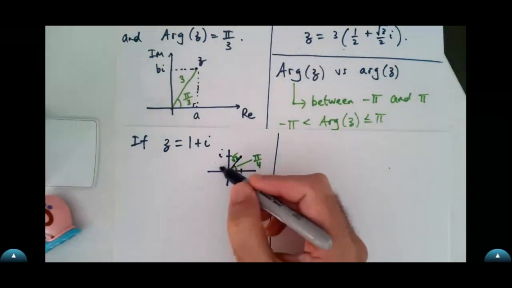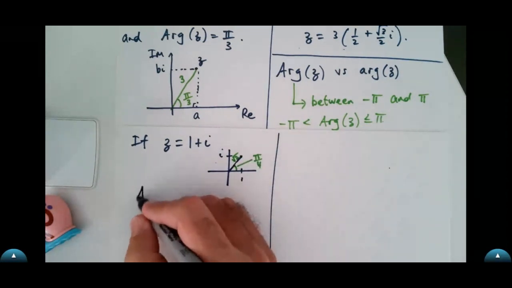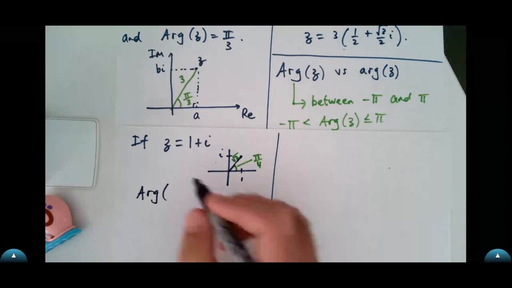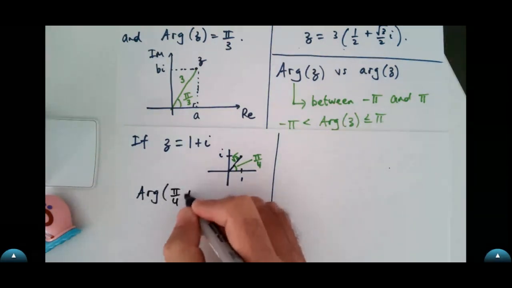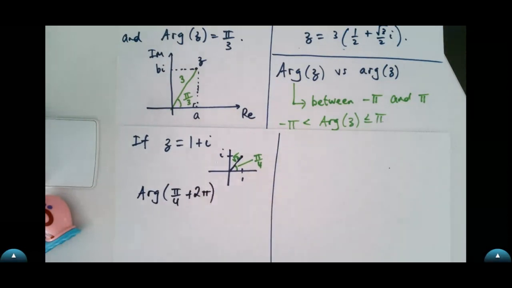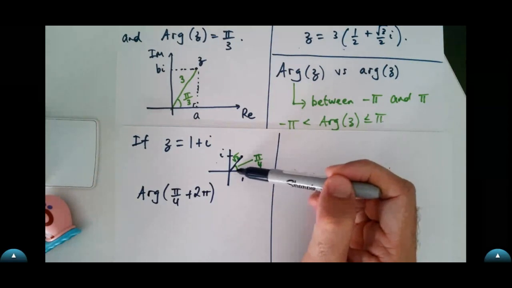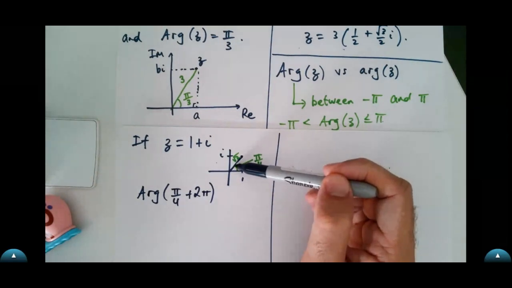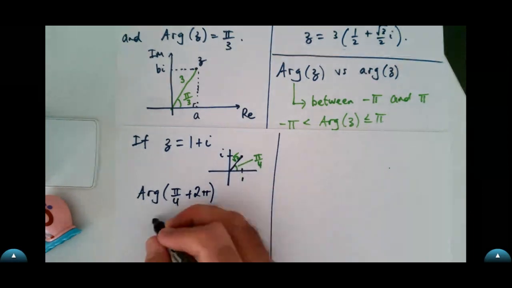Okay. So let's say I wanted to calculate the principal argument of this. So that would mean go out there and then do another loop.